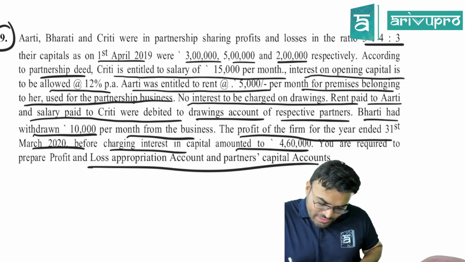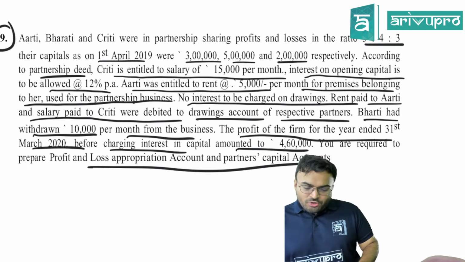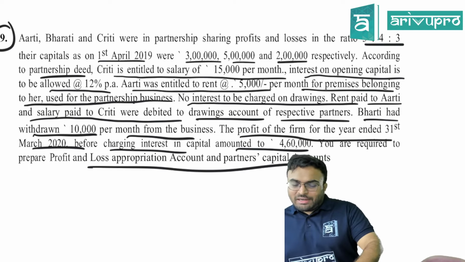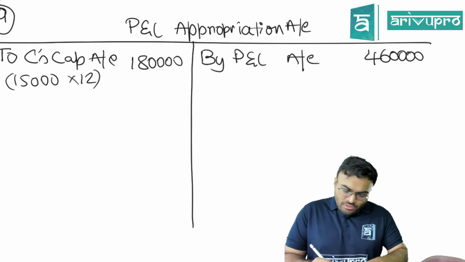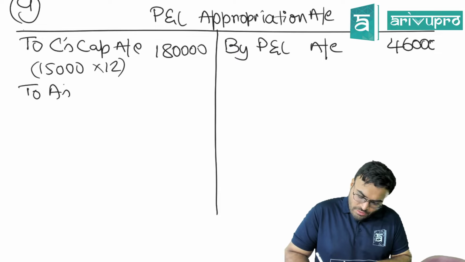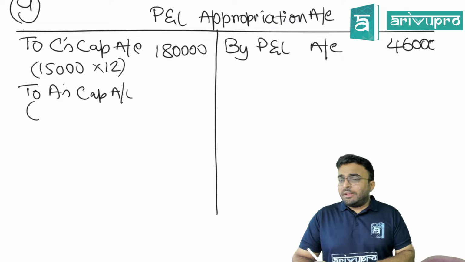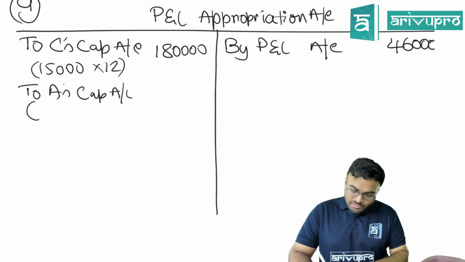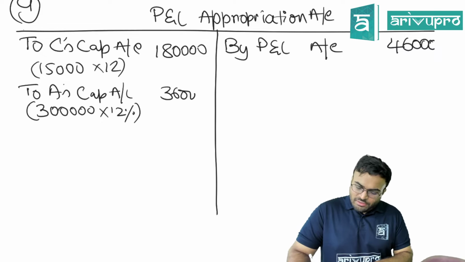Now, interest on opening capital is to be allowed at 12% per annum. You know the opening capital: 3 lakh, 5 lakh and 2 lakh. So you have to give interest on capital. To A's capital account, how much was A's capital? 3 lakh into 12%, 36,000.